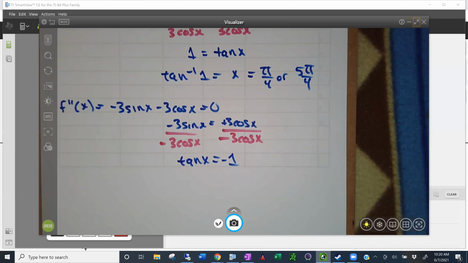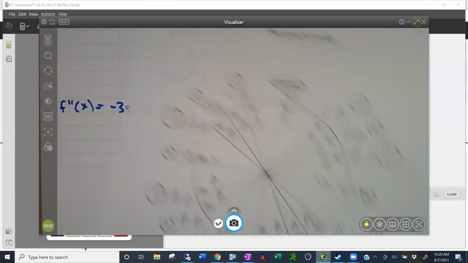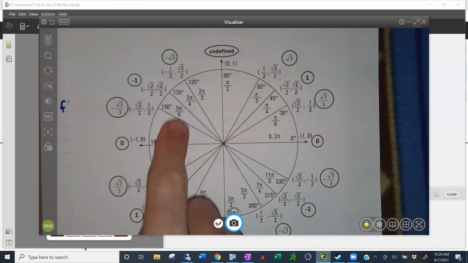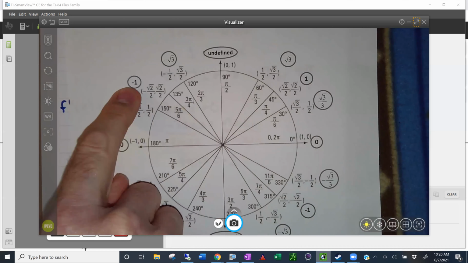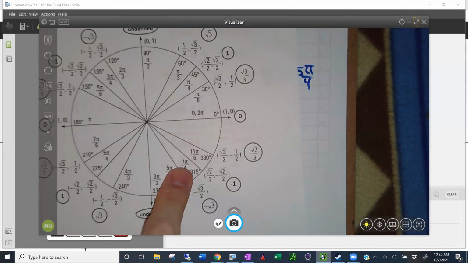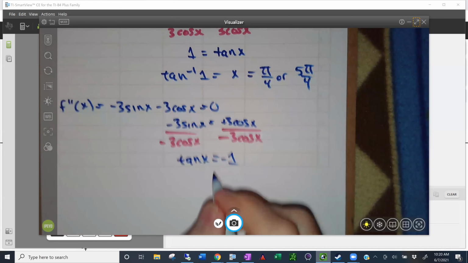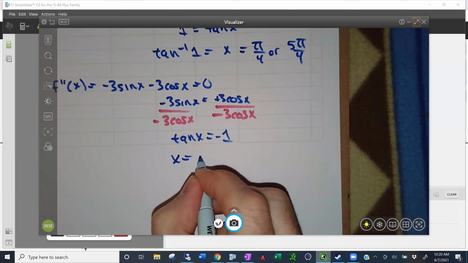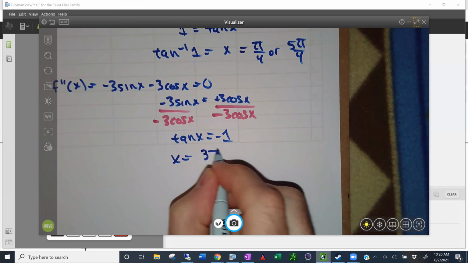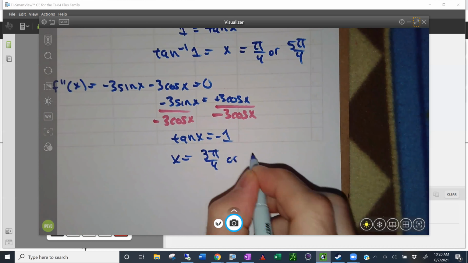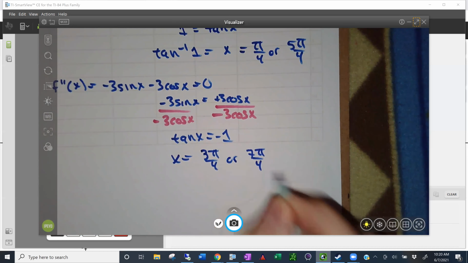You're going to have solutions at 3 pi over 4 and 7 pi over 4. So right here, tangent is going to be negative 1, and again down here. So x equals 3 pi over 4 or 7 pi over 4.